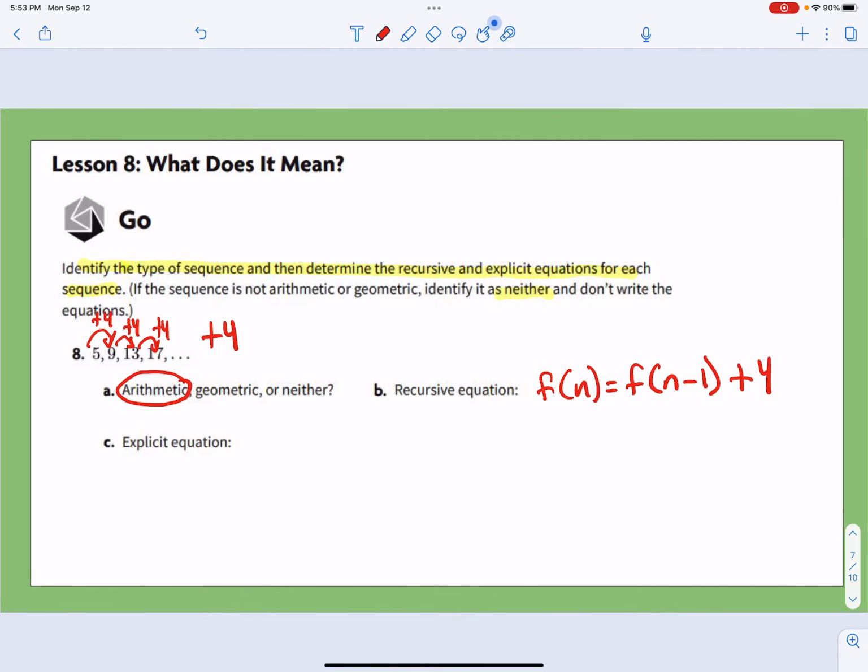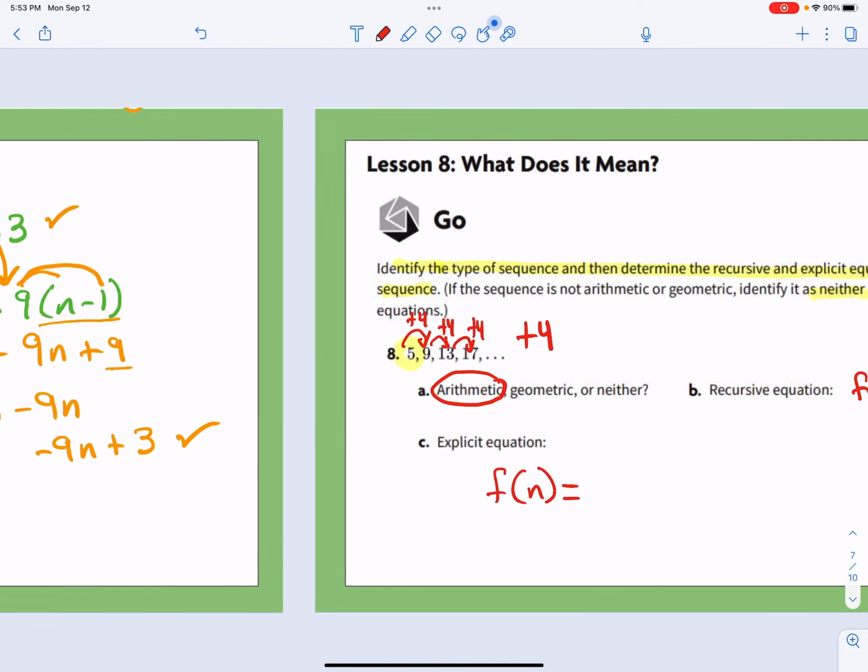Okay? Now, we also have here a couple things. Let's mark them for us. We have the rate of change, and we have the first term. So let's try the other method for the explicit. We could say that f of n is going to be equal to, in this case here, remember back over here, what did we say?